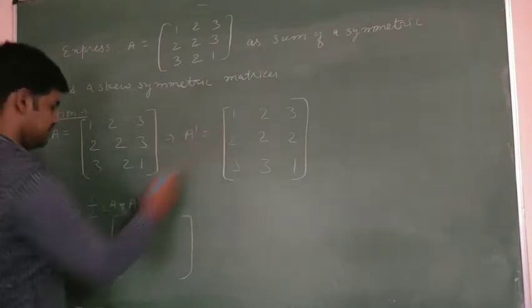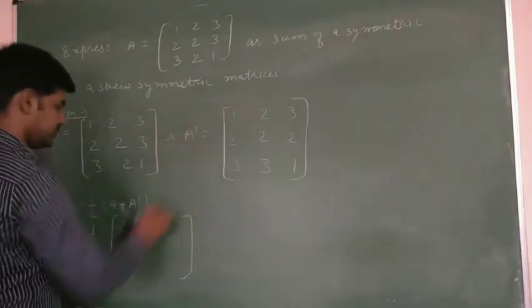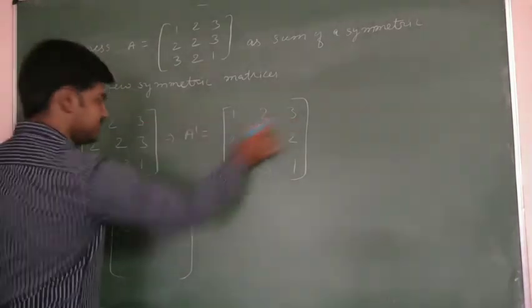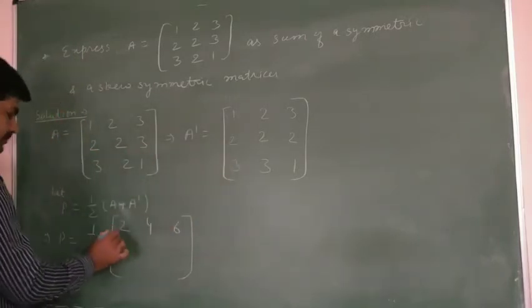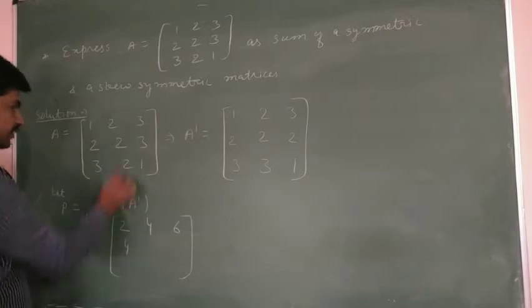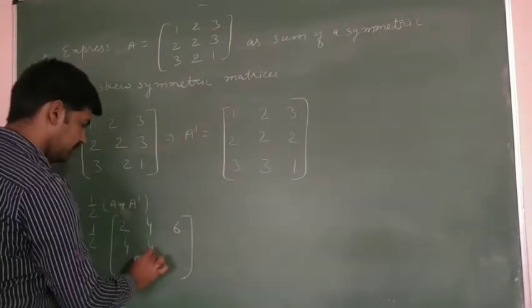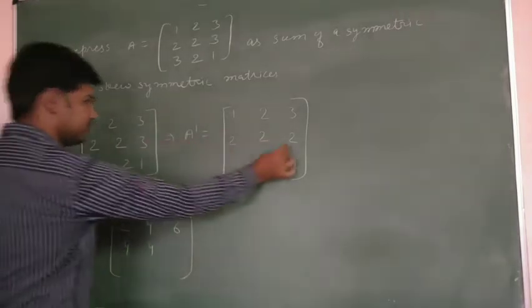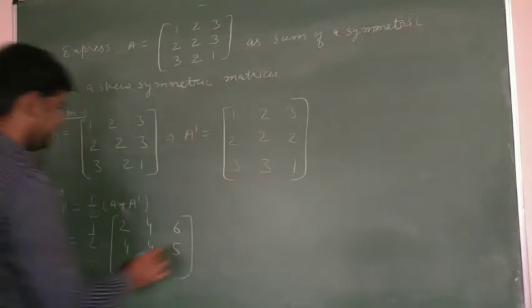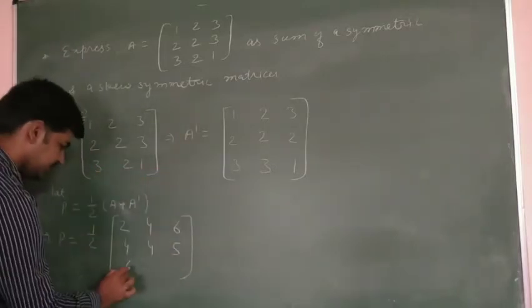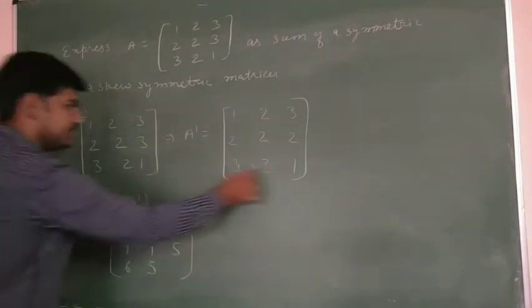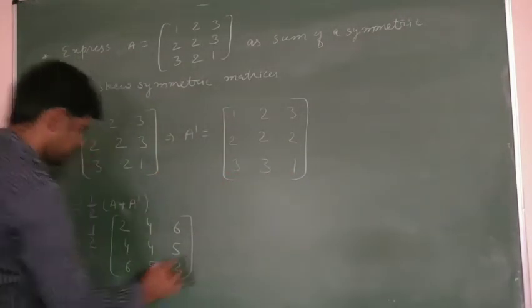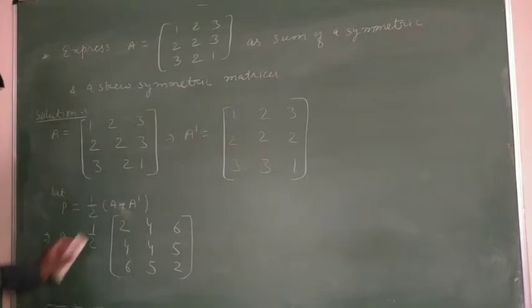So 1 plus 1 is equal to 2, 2 plus 2 is equal to 4, 3 plus 3 is equal to 6, 2 plus 2 is equal to 4, 2 plus 2 is equal to 4, and 3 plus 2 is equal to 5. Now 3 plus 3 is 6, 2 plus 3 is equal to 5, and 1 plus 1 is equal to 2. Now this is to be multiplied by half.